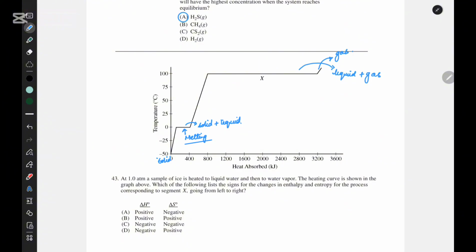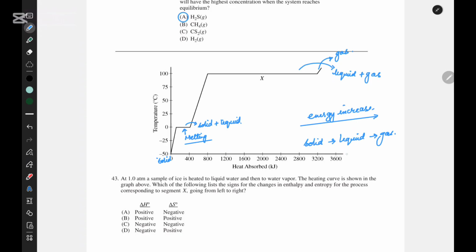They are asking what is happening to the enthalpy change. Guys, as you move from solid to liquid to gas, which has the greater energy? As you move, energy is increasing, so it is absorbing energy.